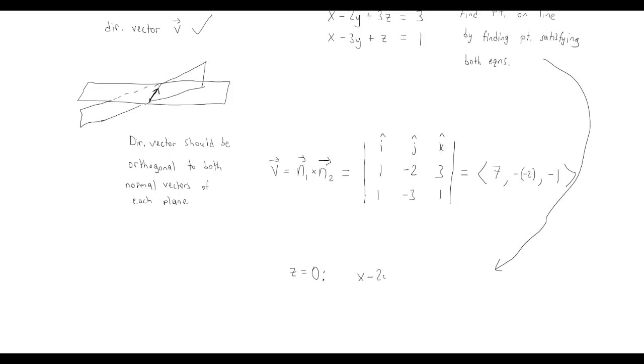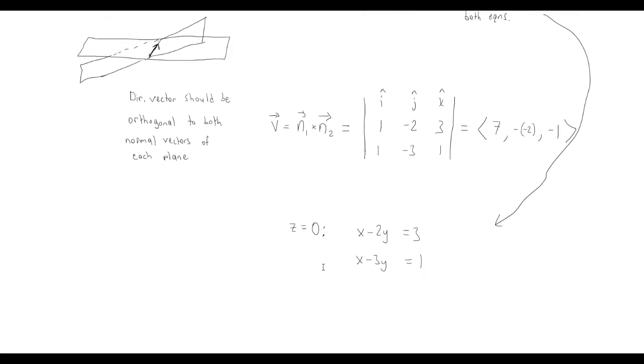That will then give me the equation x minus 2y equal to 3, x minus 3y equal to 1. Now my choice of plugging in 0 for z is arbitrary. I could have chosen any other number. But I wanted to plug in a number for z. That way it would eliminate z from my equations, and then I'd be able to solve for x and y. Okay? And so that's what we're going to do. We're going to solve for x and y.